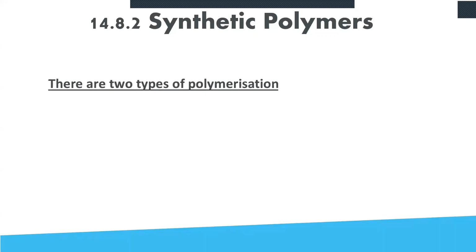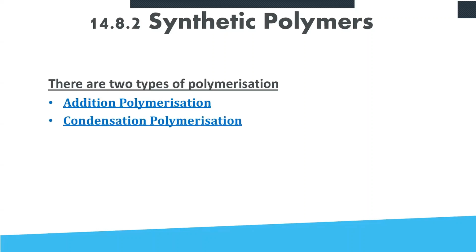So as we mentioned yesterday, there are 2 types of polymerization. That means how polymers are formed depends on 2 types of reaction: one is addition polymerization, the other is condensation polymerization.